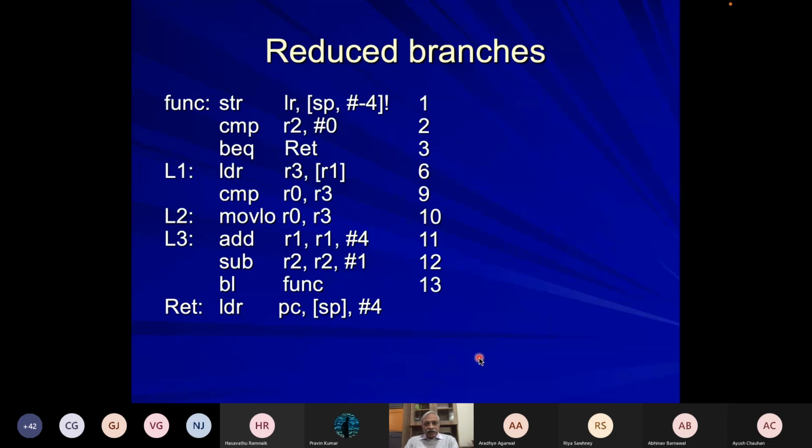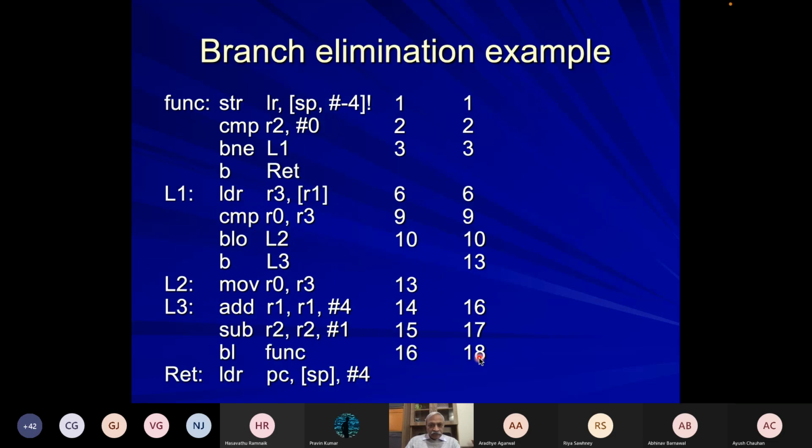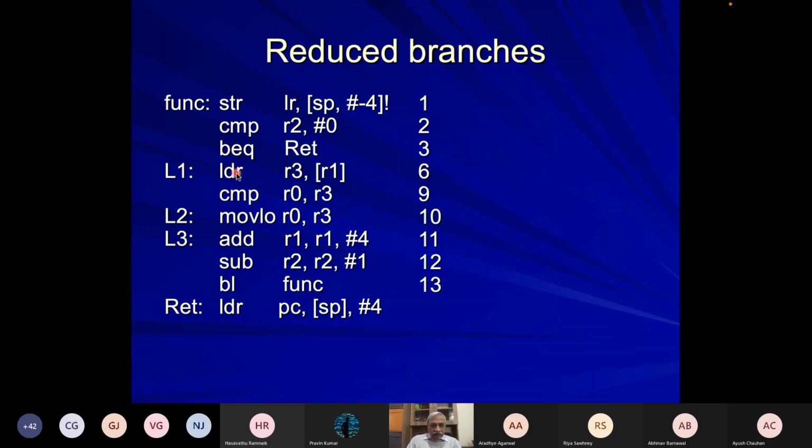Now one way of reducing branches is to use predicated instructions. Instead of branching and doing two different things in two branches, you use that condition to do other operations conditionally. For example, after L1, you're loading something, making a comparison, and then on the basis of the comparison, you could do a conditional operation.